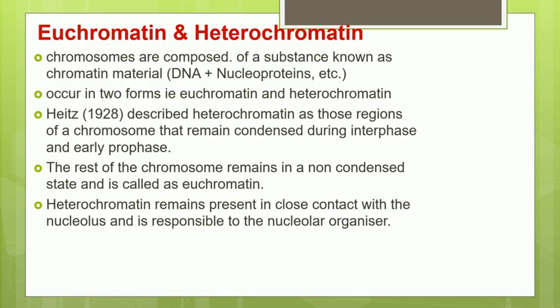Now this heterochromatin is present in close contact with the nucleolus. Okay, so it is attached near the nucleolus, and it is responsible for what is called a nucleolar organizer region. So this heterochromatin acts as a nucleolar organizer region.